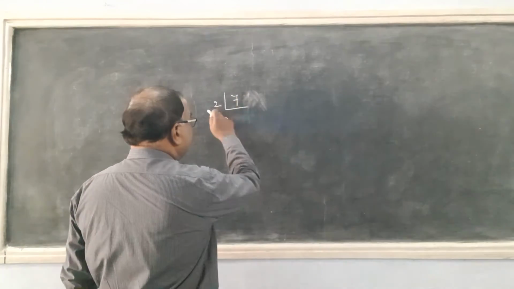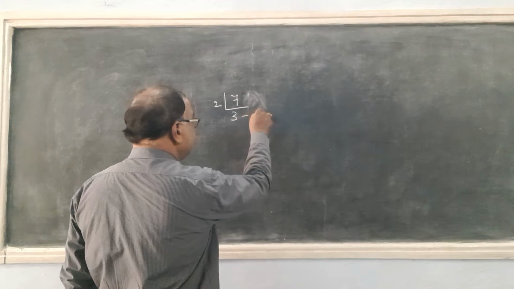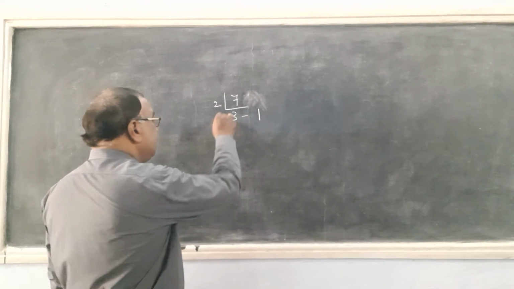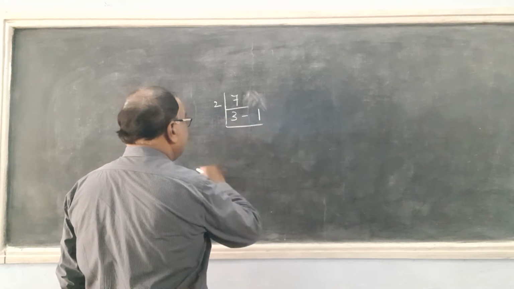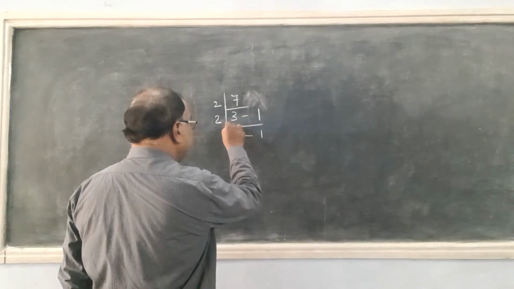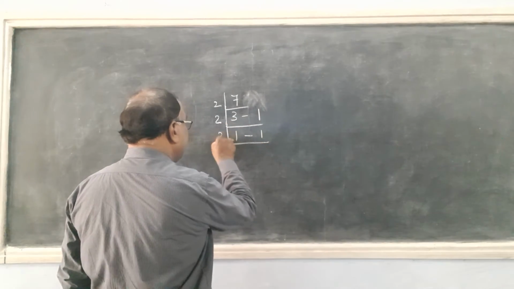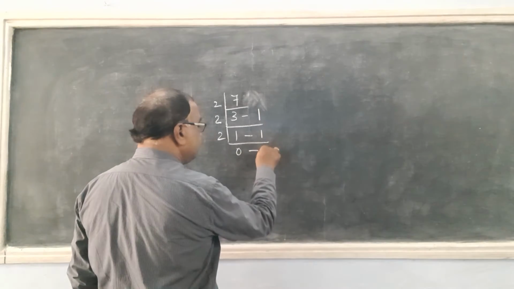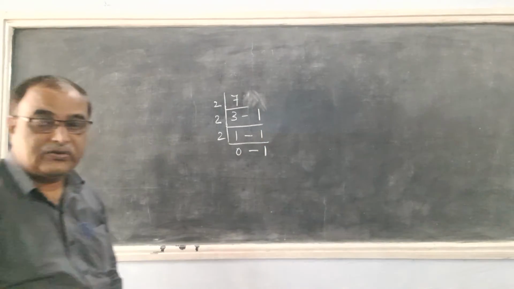So 7 divided by 2 is 3 times. Write the remainder by the side, right? So similarly, go on dividing this number by 2. So this is 1 and 1 remaining. So again divide by 2 till 0 comes.